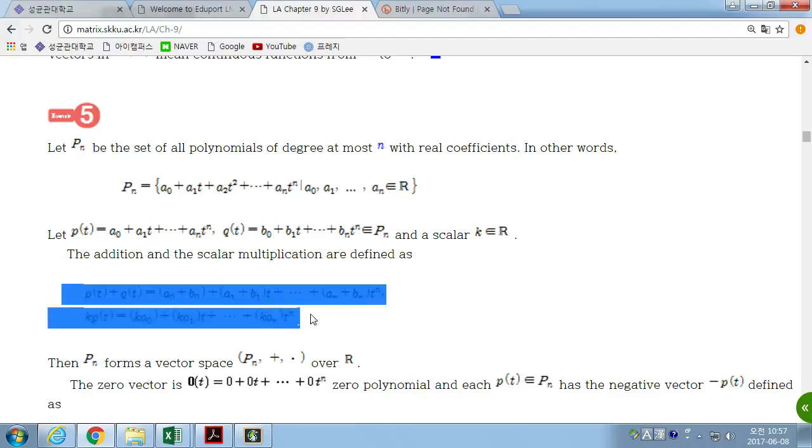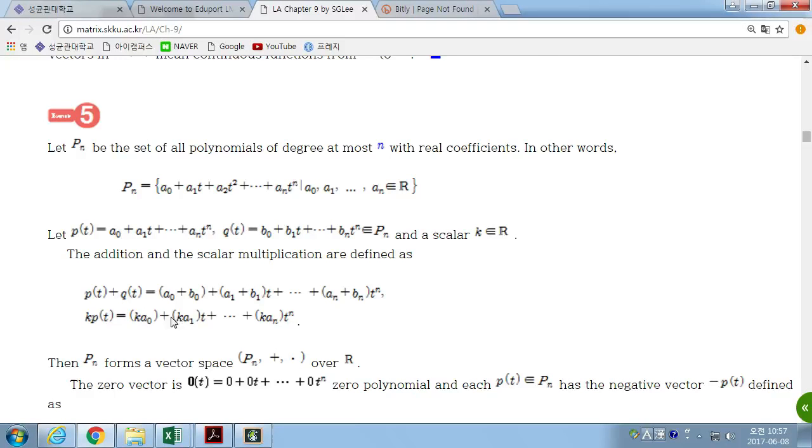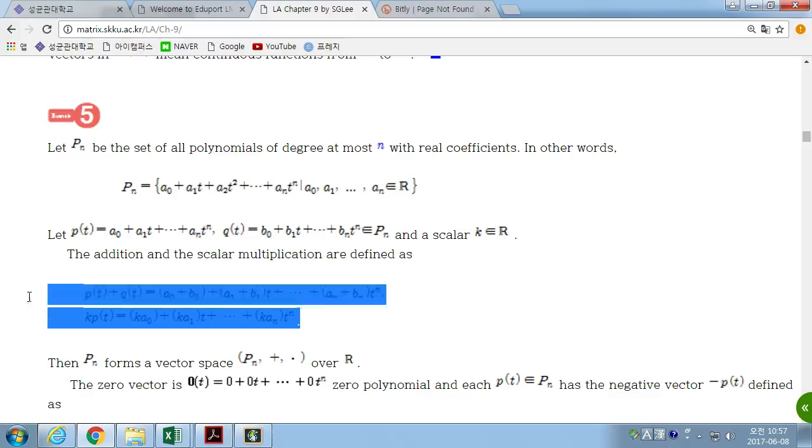If we define the two operations like this, addition of these two vectors, and the scalar multiple of P of t like this, then it satisfies all 10 properties.